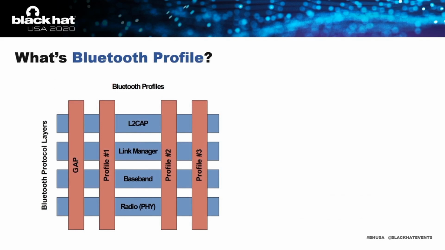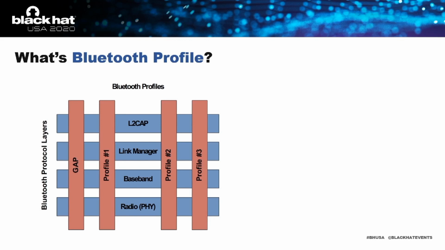Let me talk about Bluetooth profiles briefly. So, what's a Bluetooth profile? There are many application scenarios of Bluetooth, and most of them are simple and small functions, such as phonebook synchronization and short message synchronization.